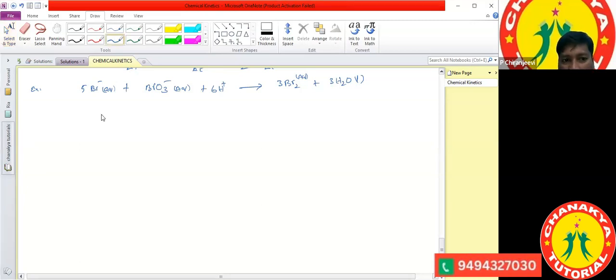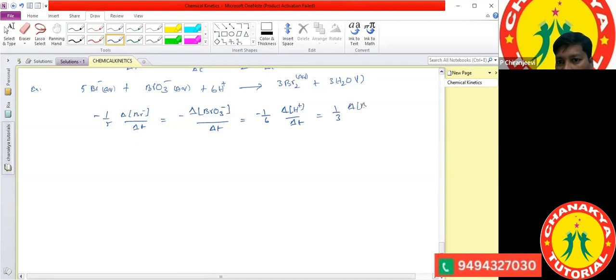Minus 1 by 5 delta Br minus by delta T, minus delta BrO3 minus by delta T, is equal to minus 1 by 6 delta H plus divided by delta T, is equal to 1 by 3 delta Br2 divided by delta T, is equal to 1 by 3 change in molar concentration of the water molecule by change in time. This is the expression.